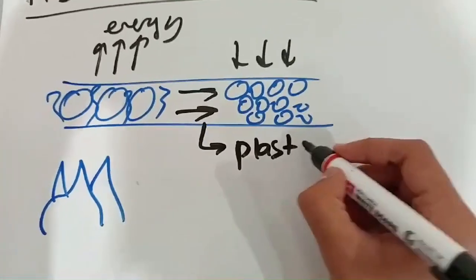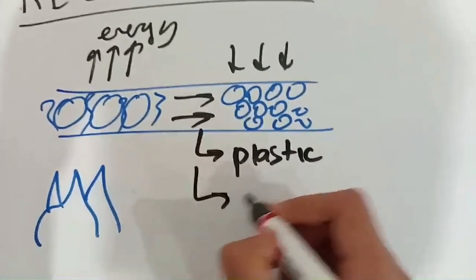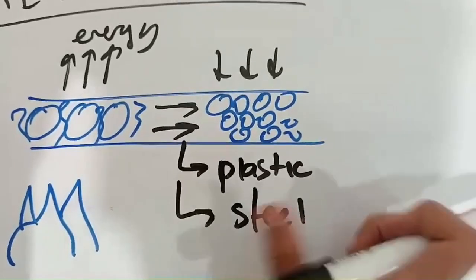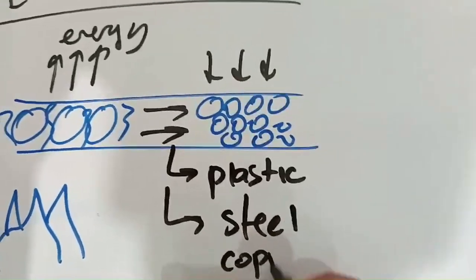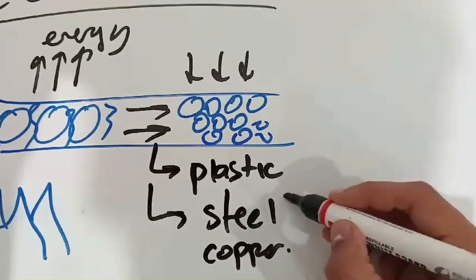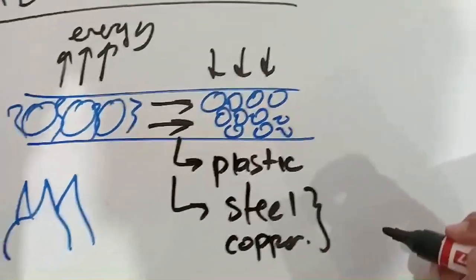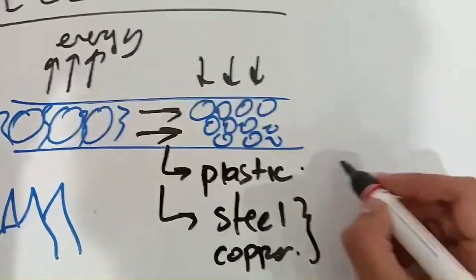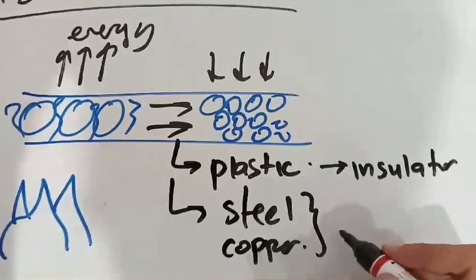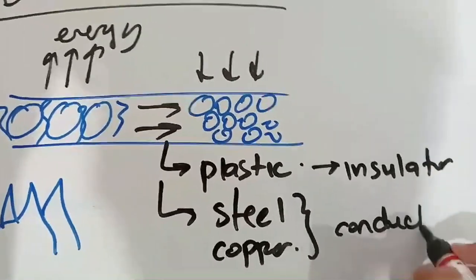Let's have two cases. First being it's a plastic rod, and second being it's a steel rod. Or copper, let's say copper. I think we can all agree that when it comes to transferring energy, the steel or copper rods will do a much better job than plastic. Why is this? Because plastic is an insulator, while steel and copper are conductors.